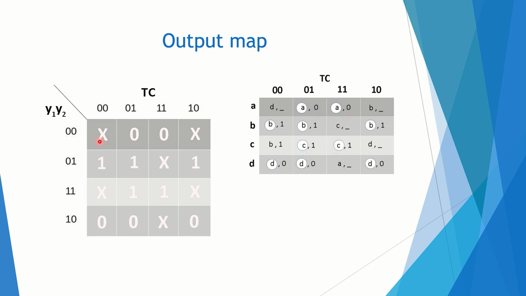So let us see this don't care. See here, when it is in state A and 0 comes, it goes to state D. So here you can see it is D, it is comma 0, so this should be 0.